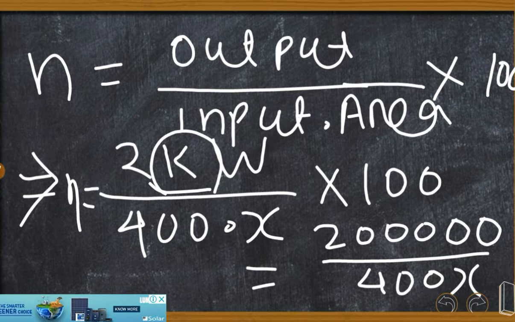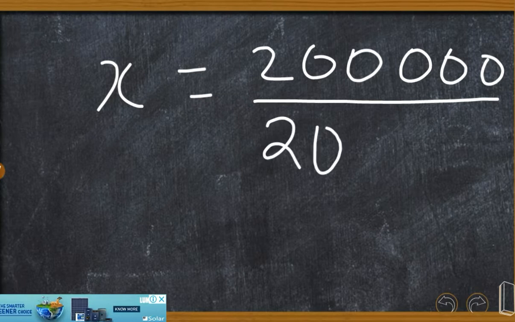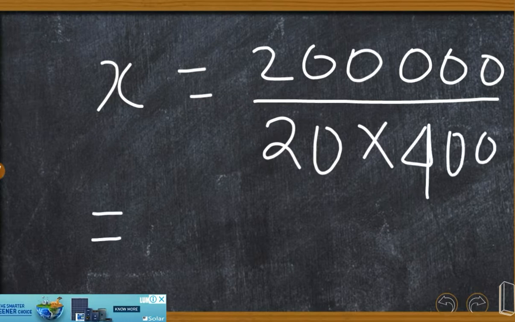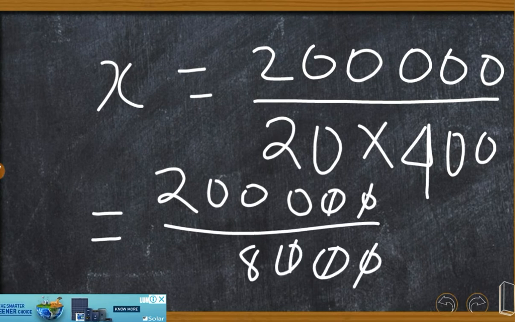So x is equal to 200,000 divided by n, where n is 20, into our incident, that is 400 watt. 200,000 divided by 8,000 is equal to 25.